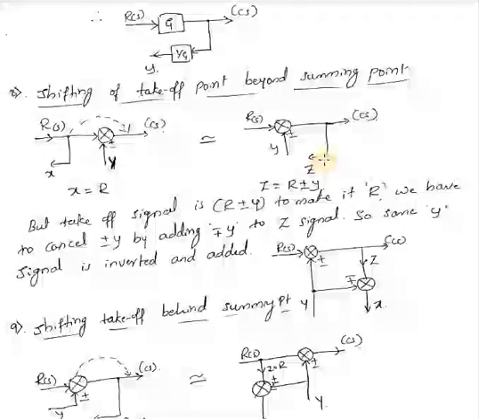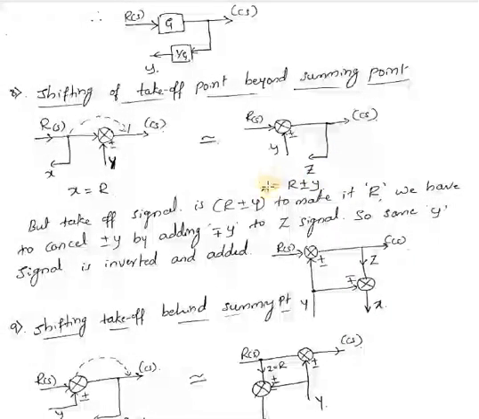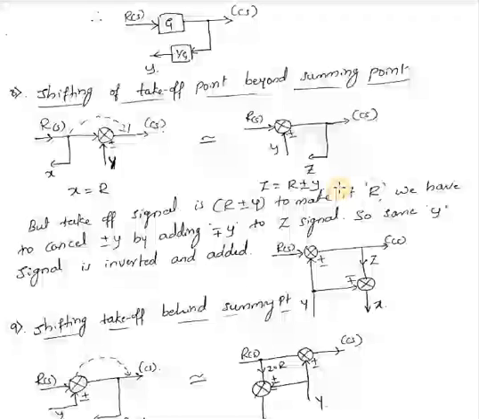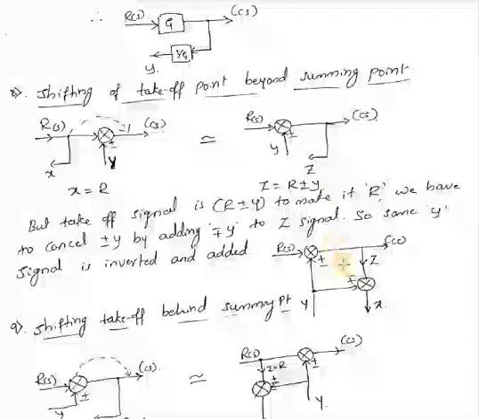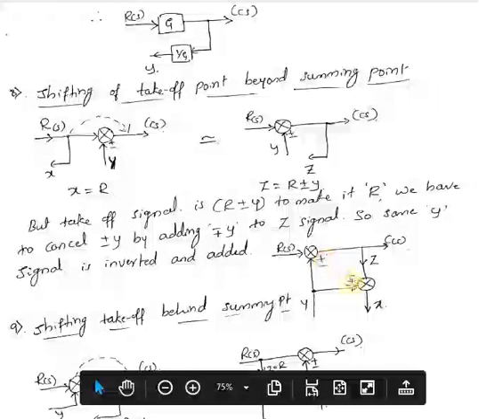But the value of that takeoff should remain the same, that is, it should remain R only. So to keep this Z value as R, I have to subtract or add Y. For that you have to add one more summing point here with opposite signs.